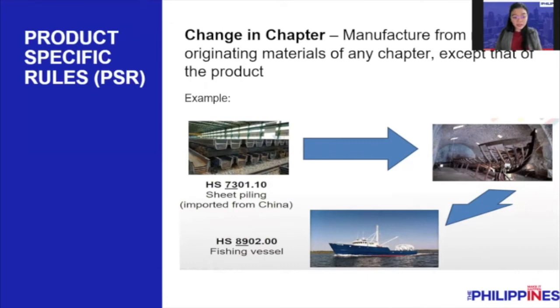The PSR of the fishing vessel is CC. Since the non-originating stainless steel with HS code 730110 is from a different chapter from the final good with HS code 890200, the CC rule has therefore been met and the fishing vessel is considered as originating.